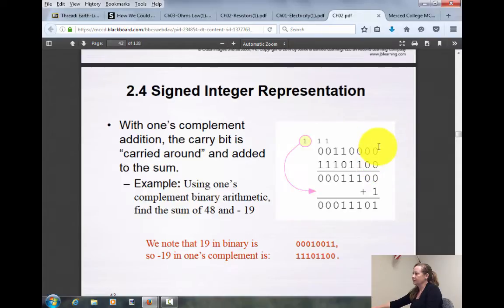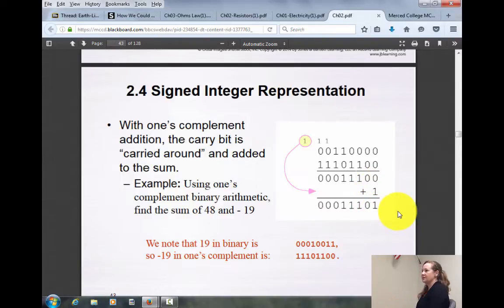We note that 19 in binary is this number here, and so the 19 in one's complement is this number right here. You can see it right here. Okay, and then you add them. And this 1 at the end, do you see where they got this 1 at the end? The 1 was an overflow, and you add the overflow in.